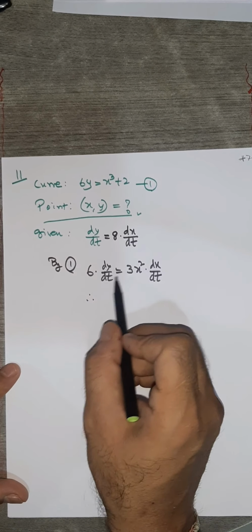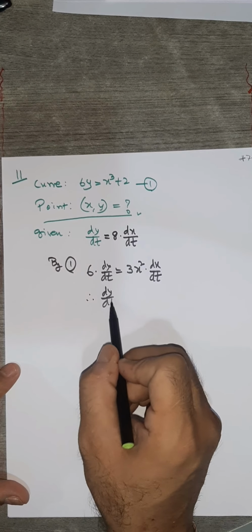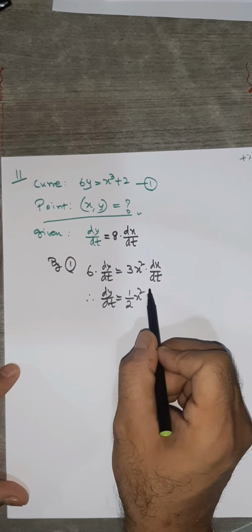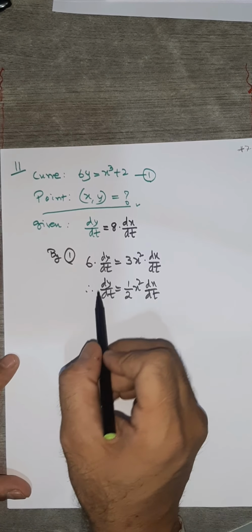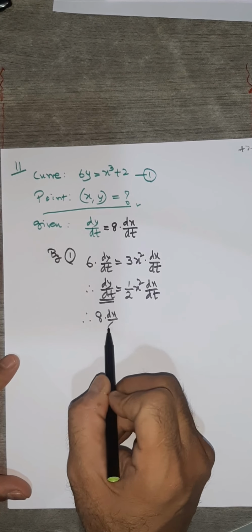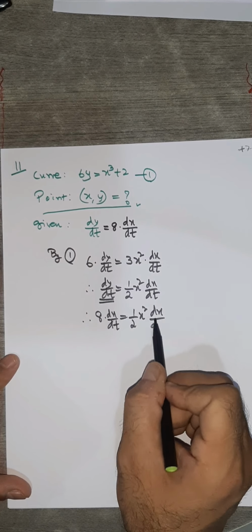So here what we'll get from this? Dy by dt equals to, I'll take 6 down, so it would be half x squared dx by dt. But what is dy by dt? You know, it is nothing but 8 into dx by dt equals to half x squared dx by dt.